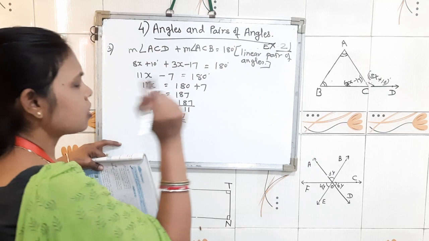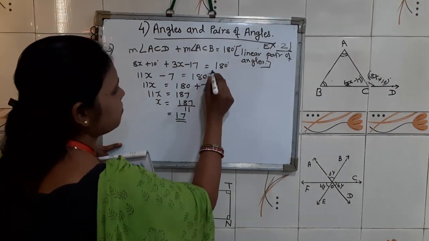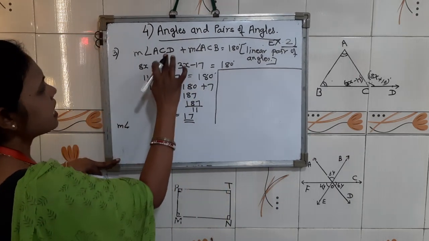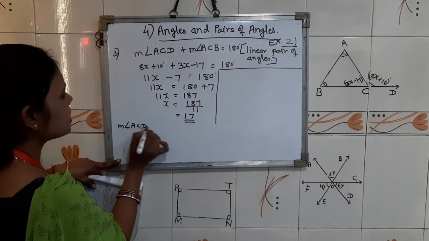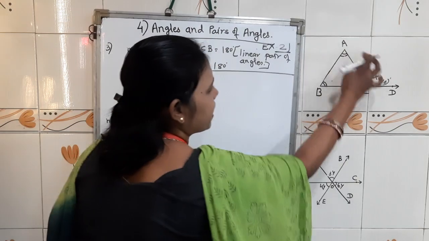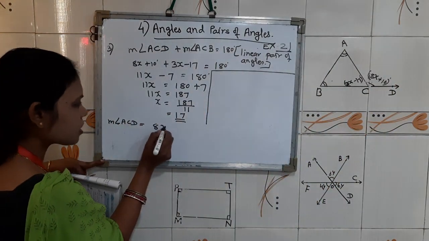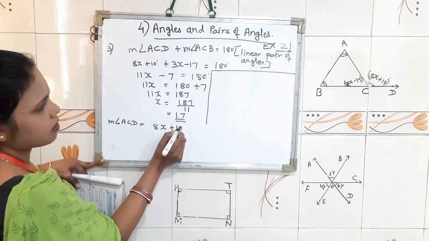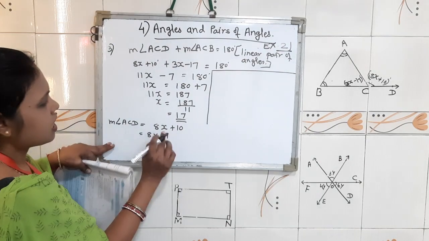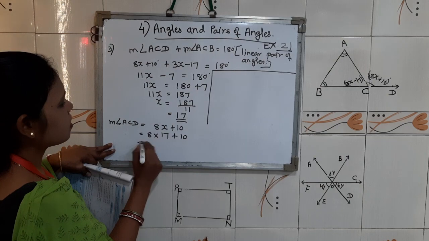Now we want separately the measurement of angle ACD. ACD is given 8x plus 10. Write down first same only, 8x plus 10. That is 8 into 17, x value we got 17, plus 10.